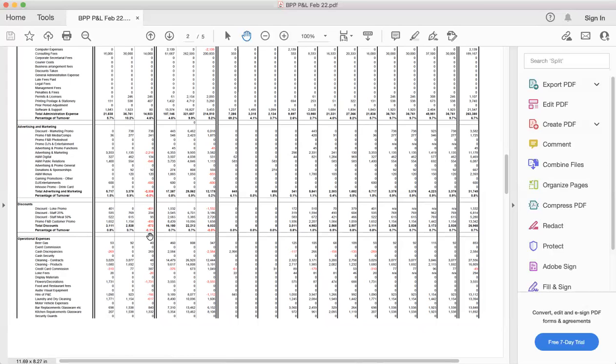The next one we have is operational expenses. Looking through here, it's anything that operationally we need to run that business. A couple of examples on the left-hand side: cleaning contracts is what we would obviously pay our cleaners, cleaning products, anything we use to clean, flowers and decorations, laundry, bar replacements, so any glassware, any kitchen replacements, any cutlery or plates.